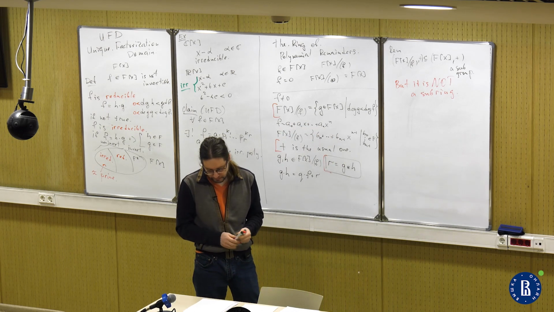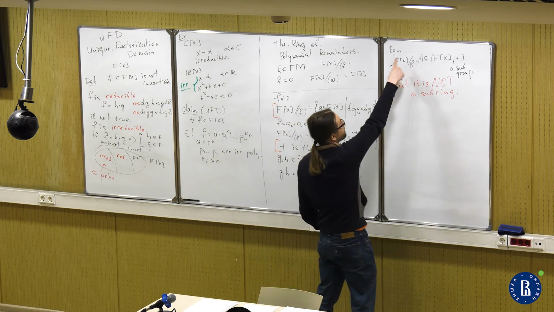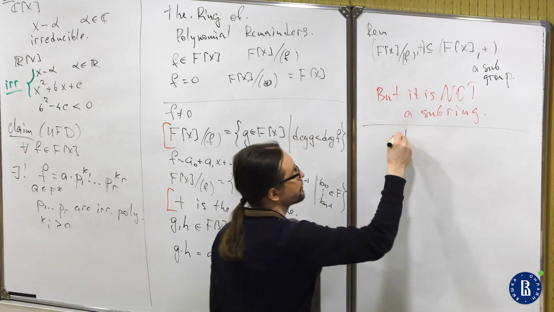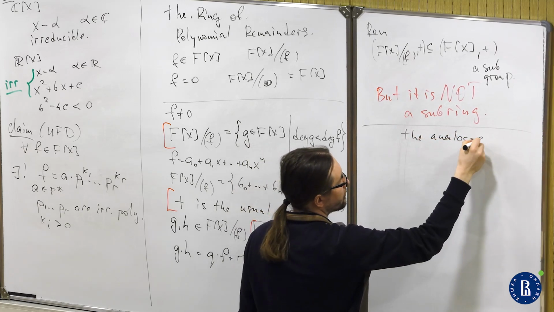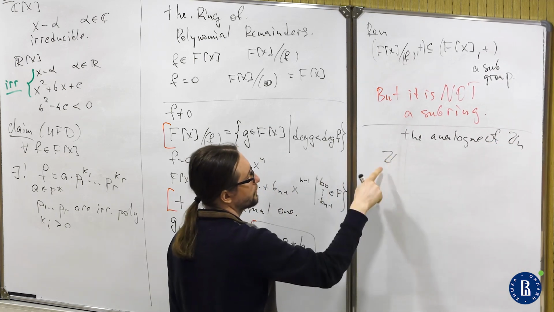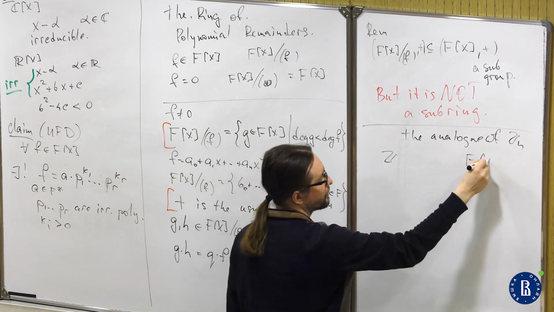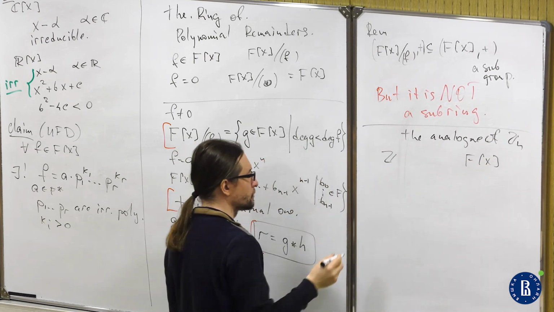Now, in case of integers, how you should think about this thing again. So the analogy, the analog of Zn. If we have integers and we have these polynomials, these are more or less the same things.